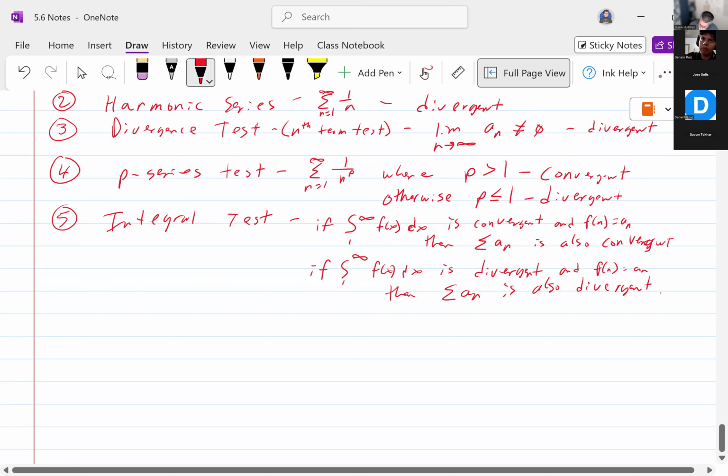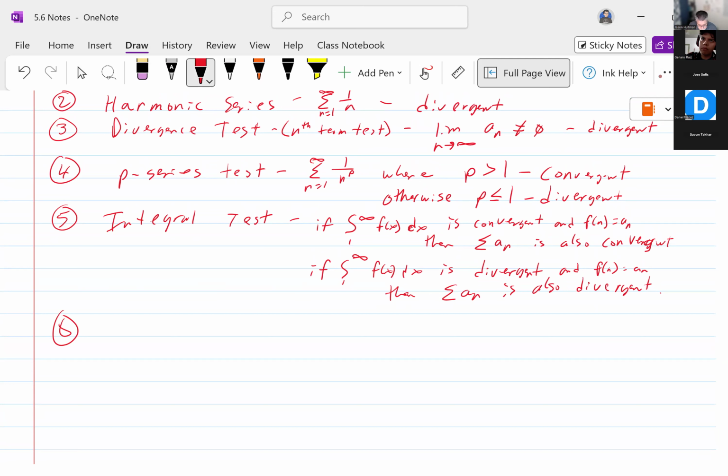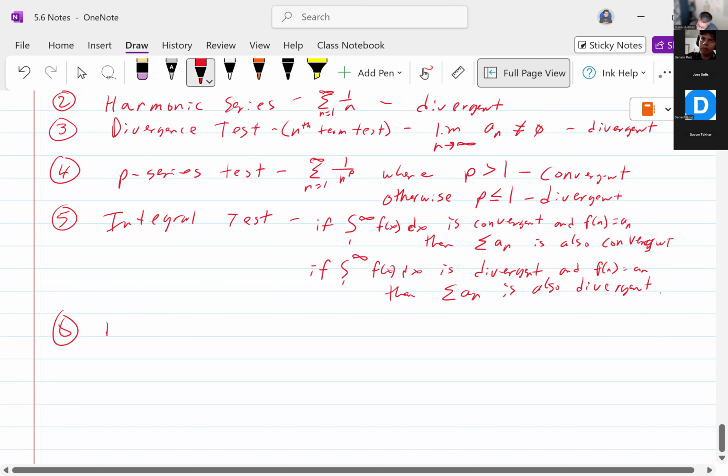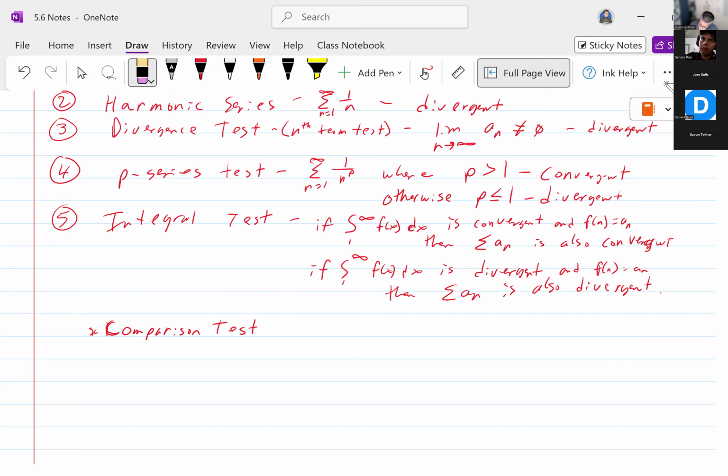Okay, the next one is the basic comparison test, I believe. Yeah, basic comparison test. So we'll just call this the comparison test. Sometimes it's called basic.